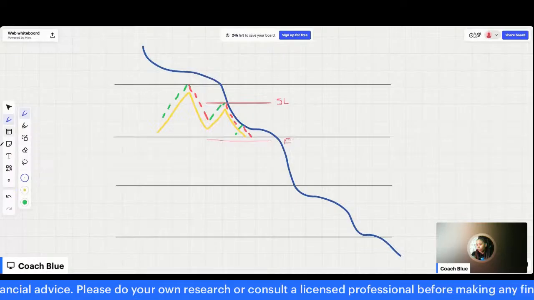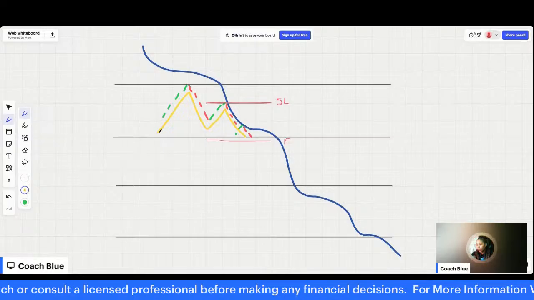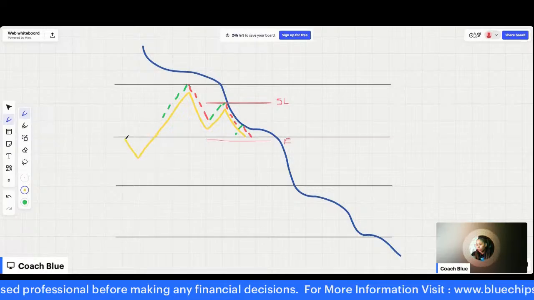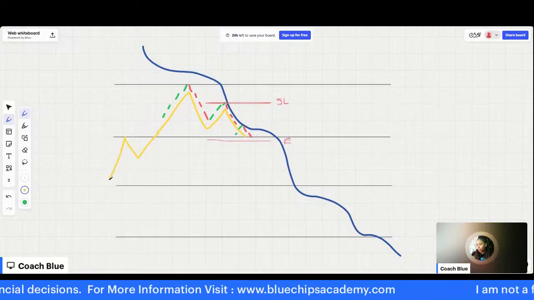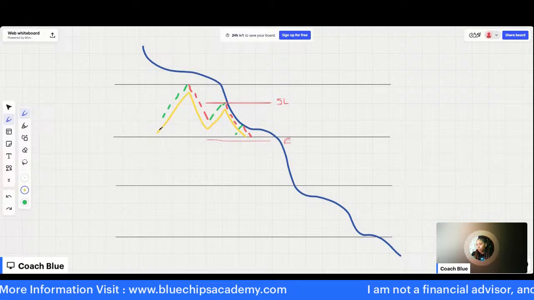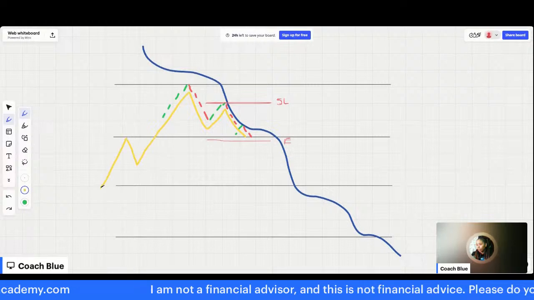Let's just say our pivots came down. We came down here, then it pivoted here, and then it came down here.